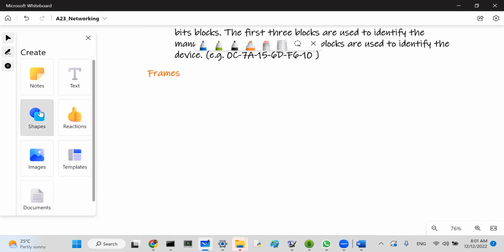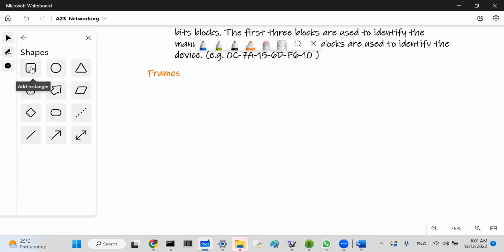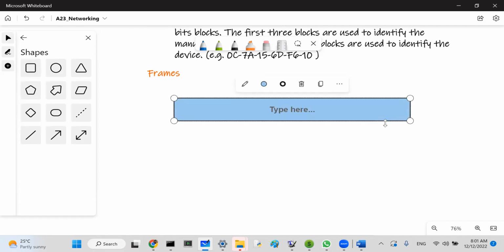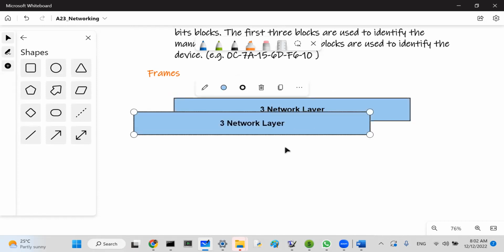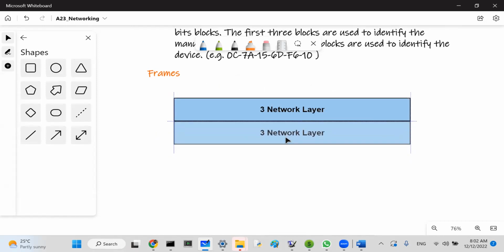Let me take some shapes. Say we have some layers. Here is one layer. Let's say the third one is called the network layer. And then let me take a copy of this. The second one we call the data link layer.